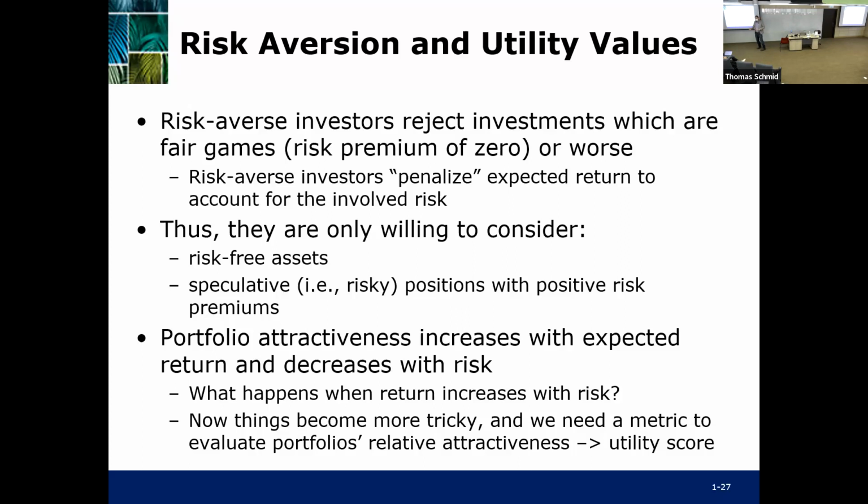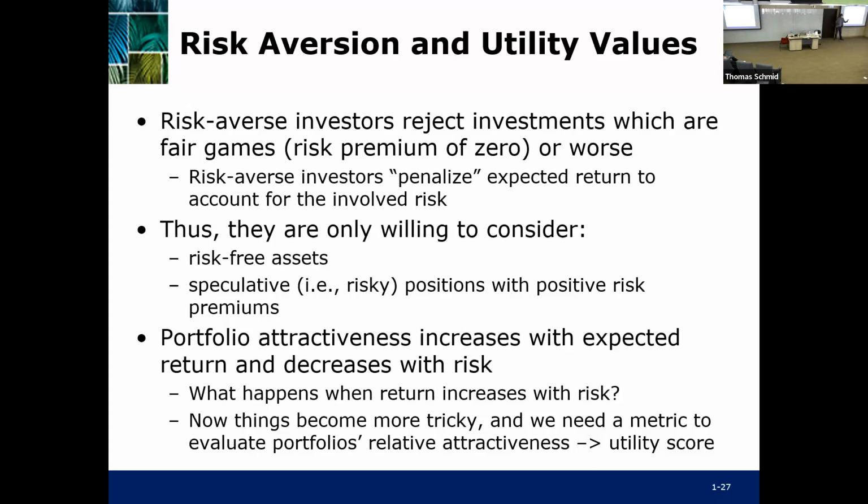With a probability of 50%, you give me $1,000. The expected value of that is 0: 0.5 times 1,000 plus 0.5 times minus 1,000. And the risk premium is actually 0. Okay? So this is exactly a fair game.